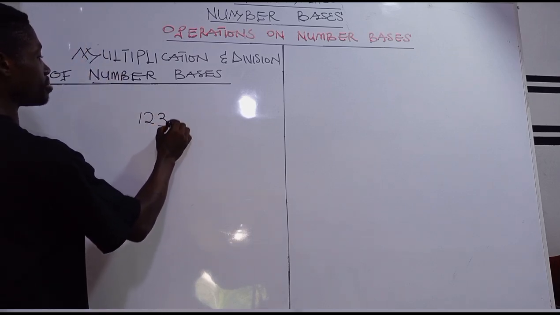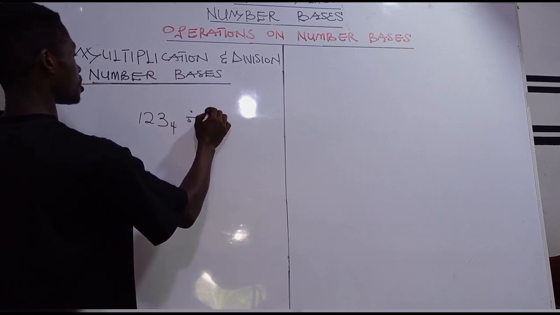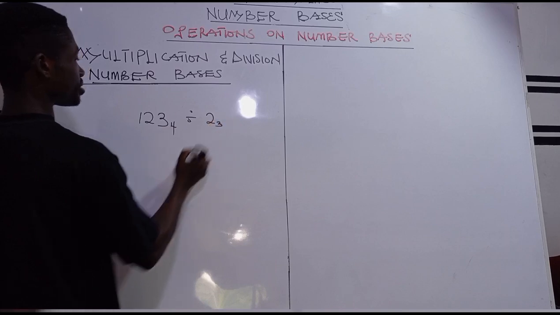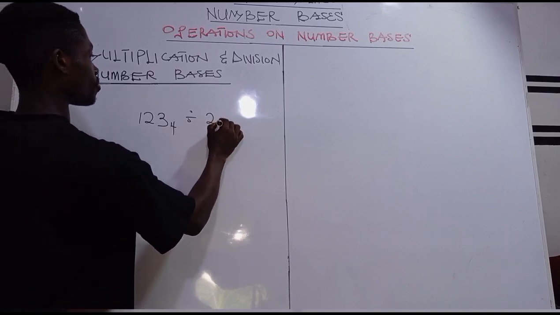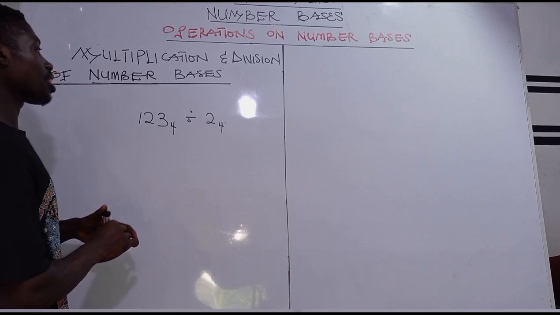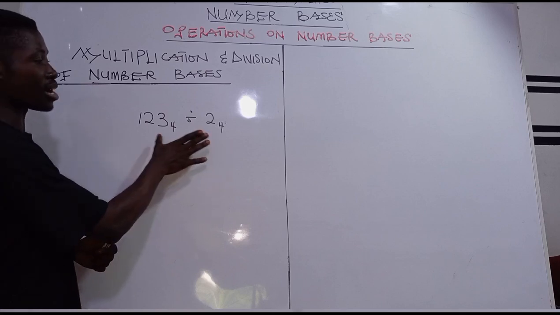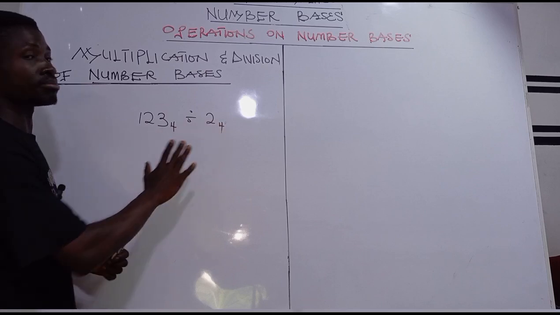So let's take it that you have 1, 2, 3 to the base of 4 divided by, let's say, 2 to the base of 4. Now realize that all these numbers are in base 4. We are to perform division of these numerals in base 4.